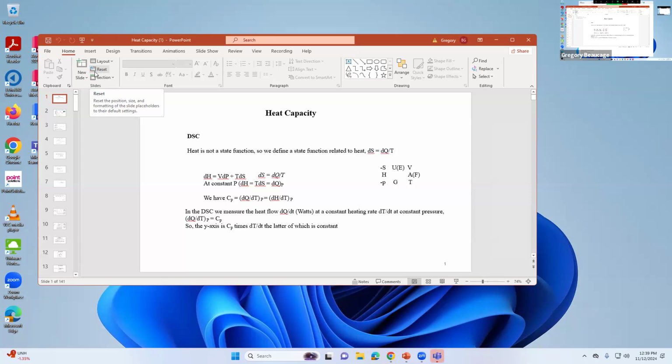So it's like three peak capacity things. One fatigue, Einstein, and Debye.